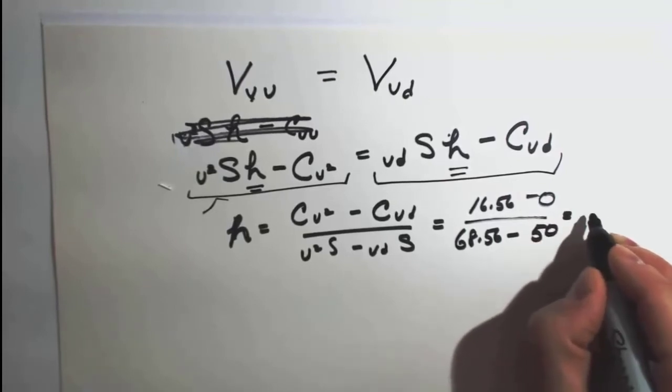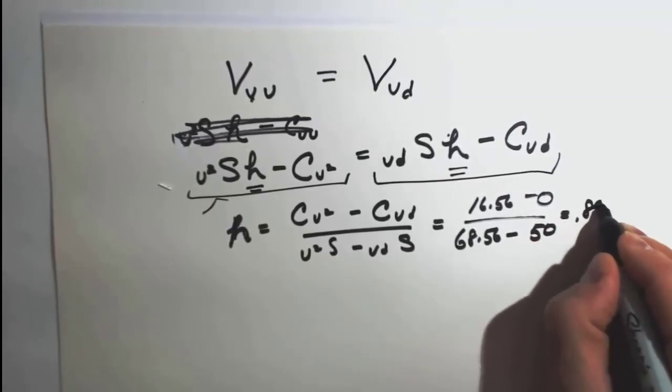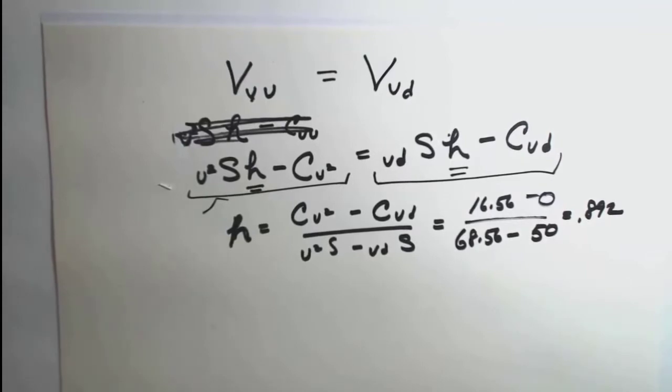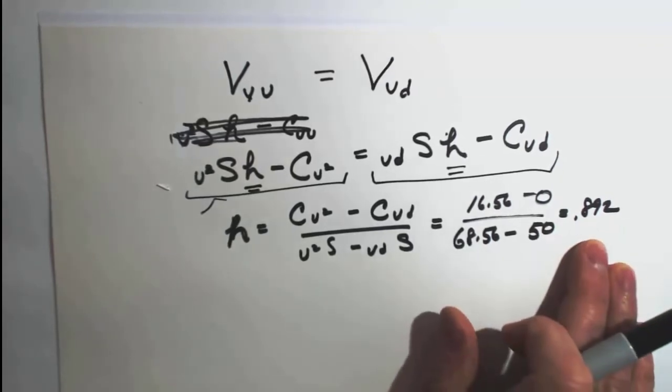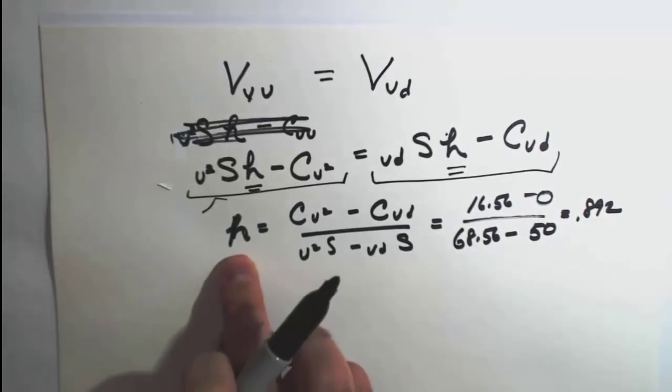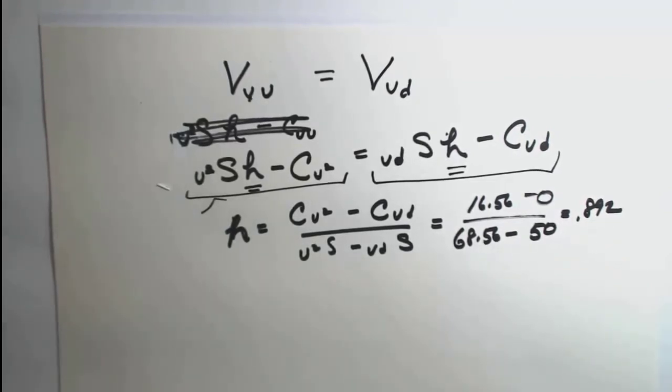That means H is going to be 0.892. H will always be somewhere between 0 and 1, including 0. It could be 0 and it could be 1. Here it's 0.892. Now I'll give you an interpretation of what H means in a second, besides the fact that it's a hedge ratio, and that's why it's labeled H.